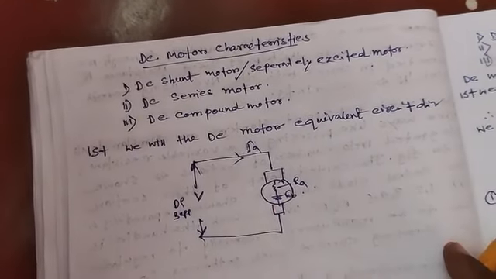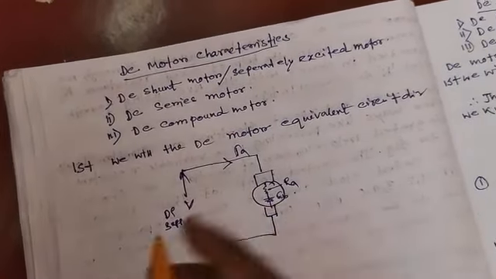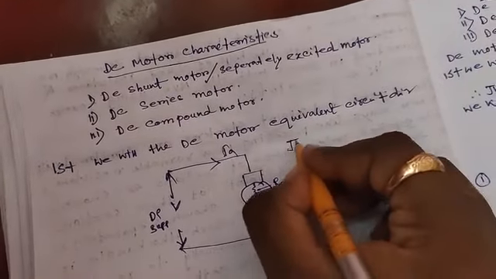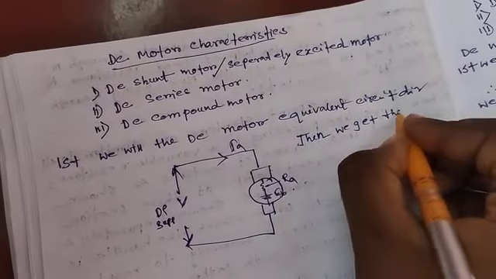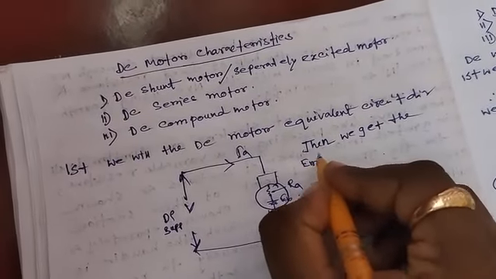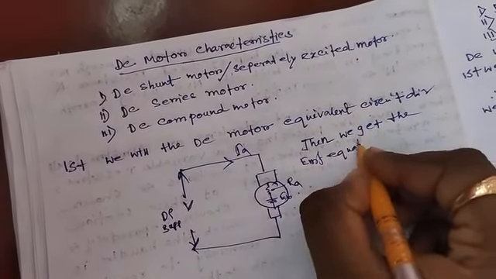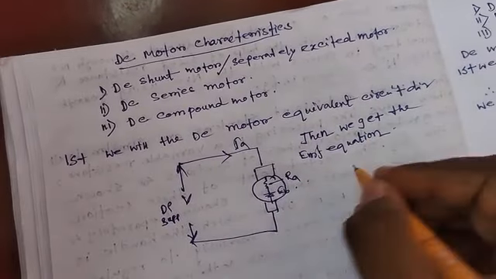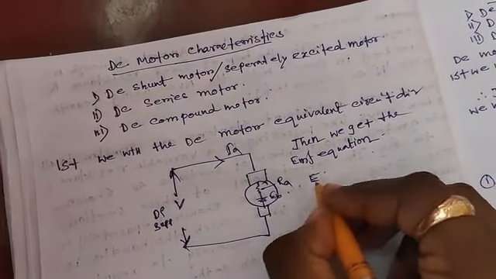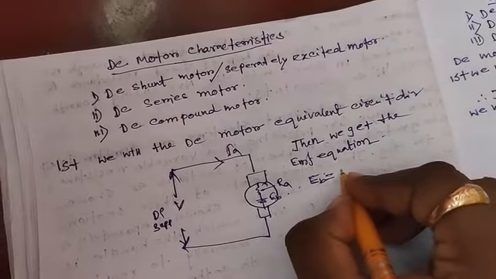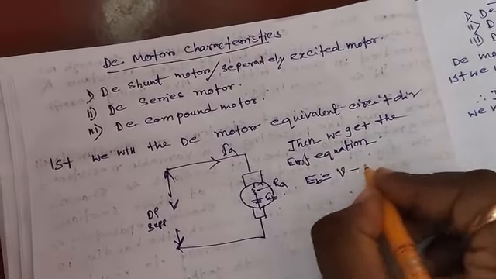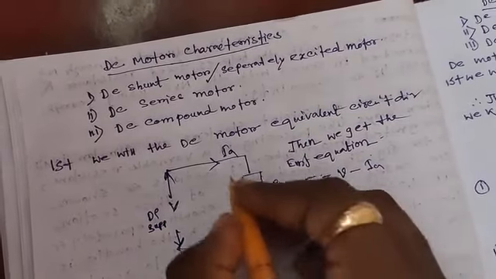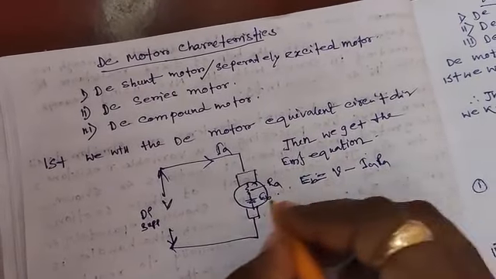Then we get the EMF equation. The back EMF equation: Eb is equal to V, the supply voltage, minus Ia, the armature current, into Ra, the internal resistance.